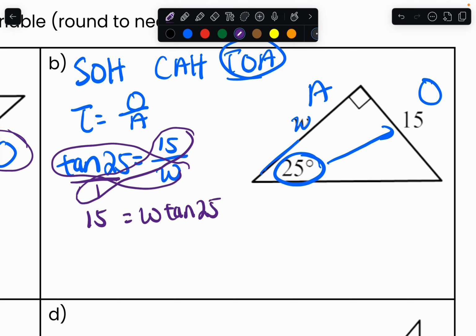Now, always remember to view the tangent of 25 as a number. So W times the tangent of 25, how can I isolate my W? These two are multiplied together, so I'm going to use division and divide by the tangent of 25 on both sides.